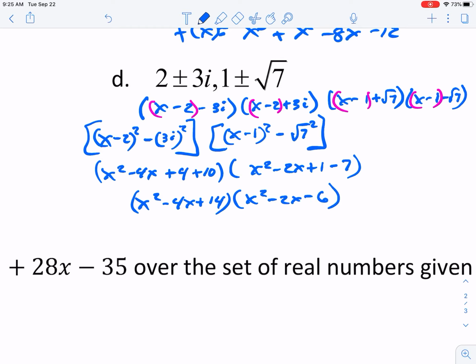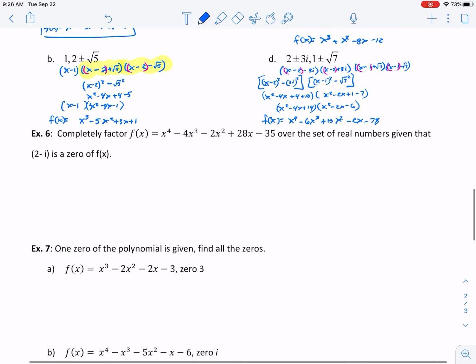When you FOIL those out, I ended up with f of x is equal to x to the 4th minus 6x cubed plus 15x squared minus 2x minus 78. That's pretty sloppy. Sorry about that. Okay.